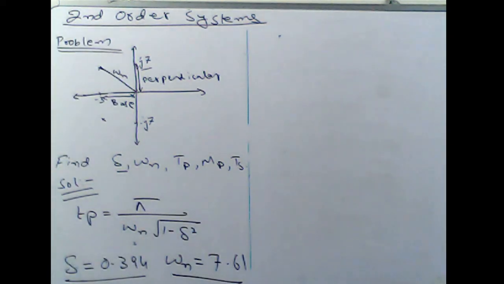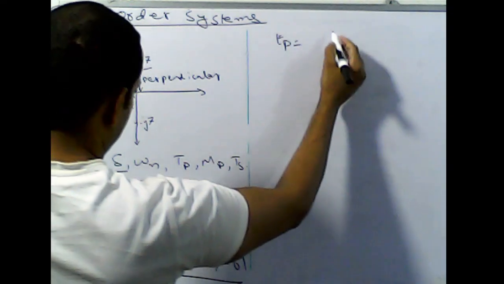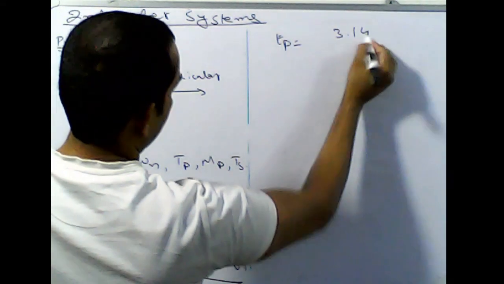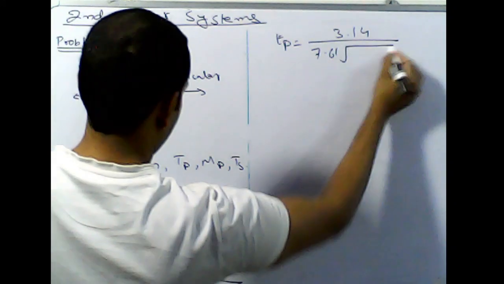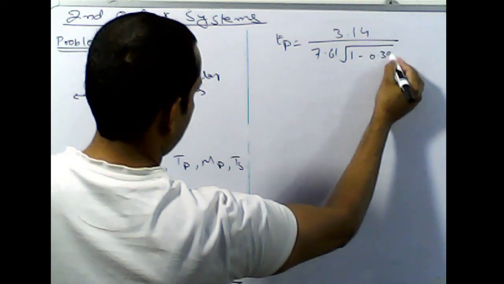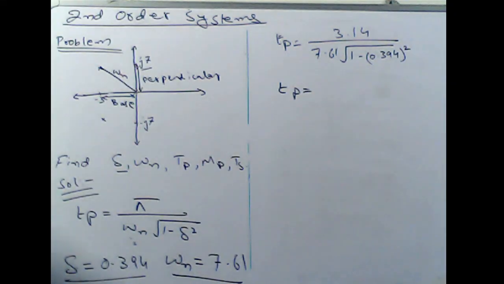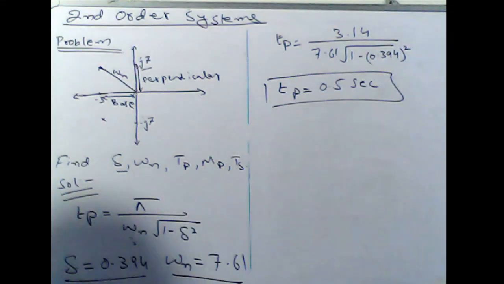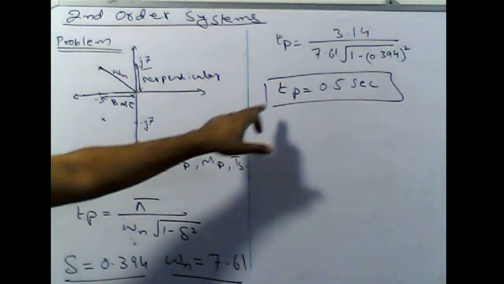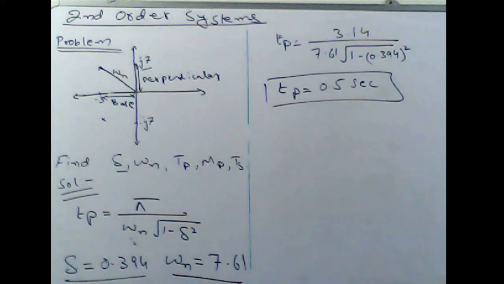So by putting the values of omega n and zeta here, after solving this equation, we come up with the value of peak time, which is equal to 0.5 seconds.